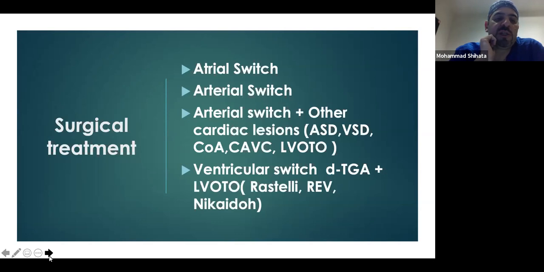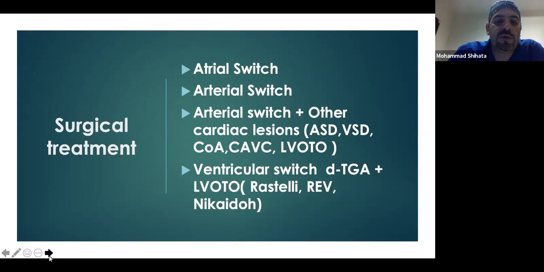If TGA is not the only problem, meaning if there are any other defects or associated problems, like coarctation of the aorta or complete AV canal or some form of left ventricular outflow tract obstruction that can be relieved prior to the arterial switch operation, these can all be concomitant procedures that are necessary at the time of the arterial switch.